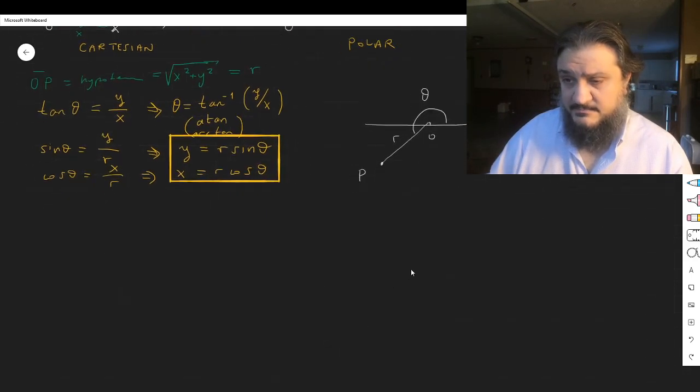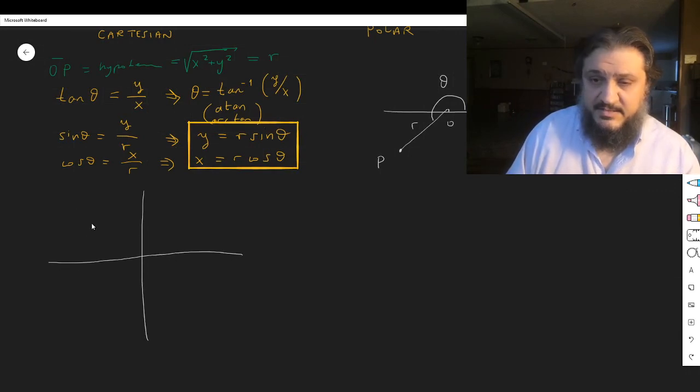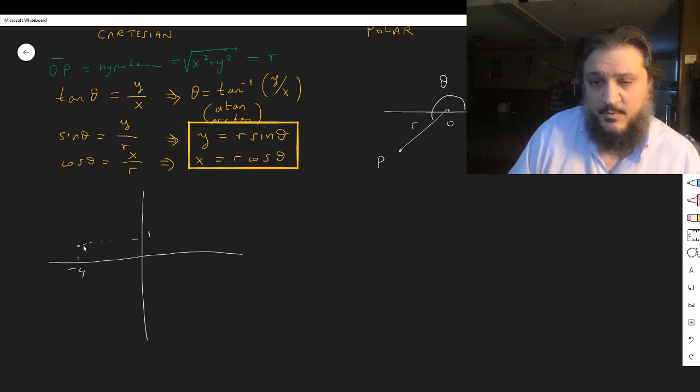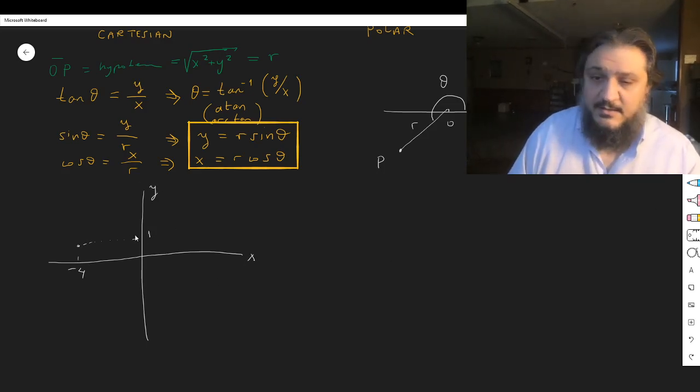Suppose you have a point here. Let's pick a point right there. This is your point, and the corresponding x and y values are 1 and negative 4, let's say. This is your x, this is your y, and you want to find r and theta.